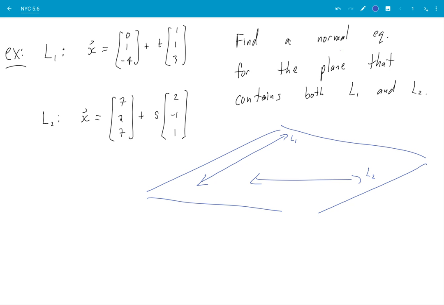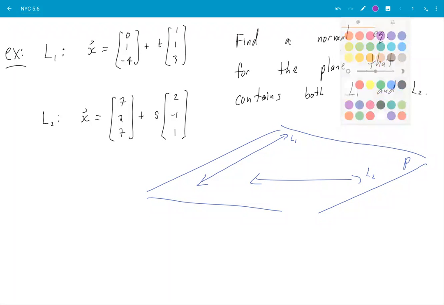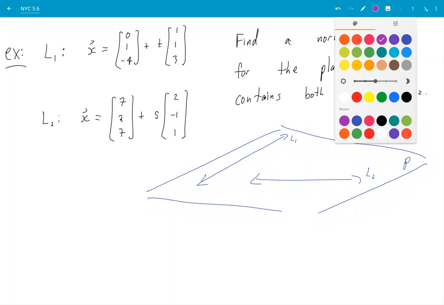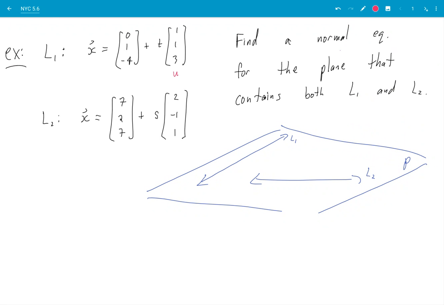Now I want to find a normal equation for this plane P. So what I'll do is call this vector u, and I'll call this vector v.